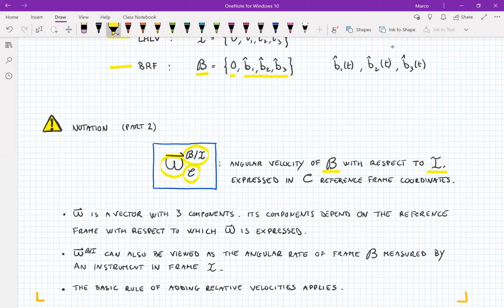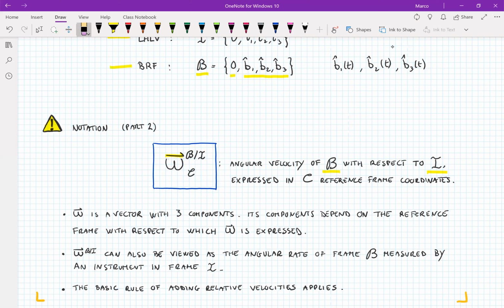Of course, here I use a third general reference frame because you don't have to express the coordinates of omega exclusively in the body frame of reference or in the inertial frame of reference. You can use a third frame of reference. Most of the times we're really interested in expressing omega in either the inertial or the body frame. So that C is going to be equal to either B or I. But this is the general notation.